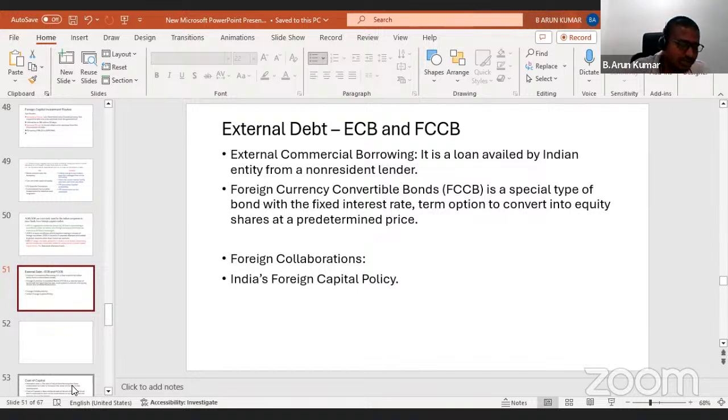So the last one is Indian foreign capital policy. Indian foreign capital, after the liberalization era, after the 1990s, has always been subject to periodic relaxation of the sectoral caps and other easing measures.